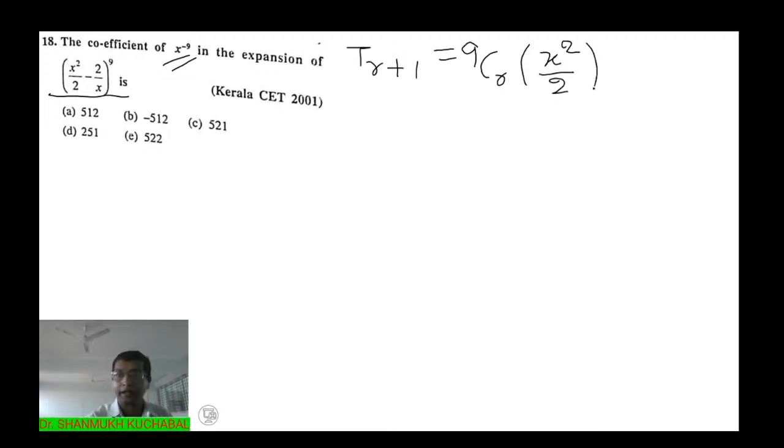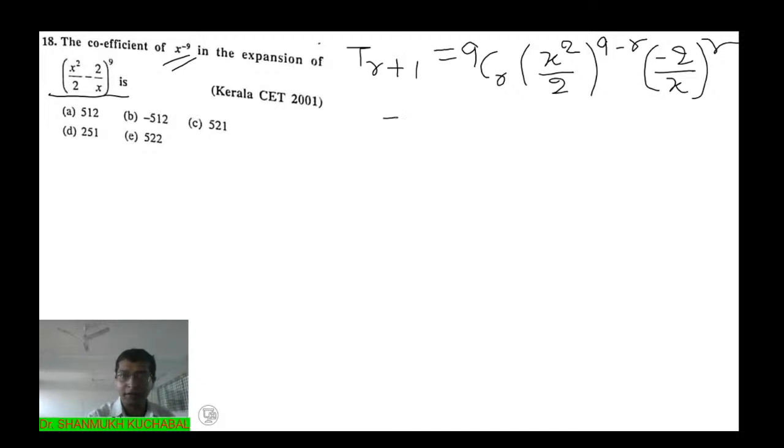First, we write the general formula: t r plus 1 equal to 9C r, (x square divided by 2) raised to 9 minus r, next (minus 2 divided by x) raised to r.